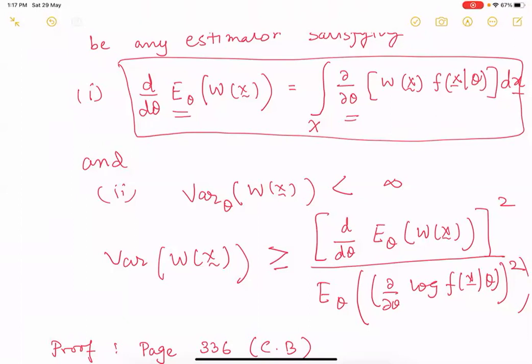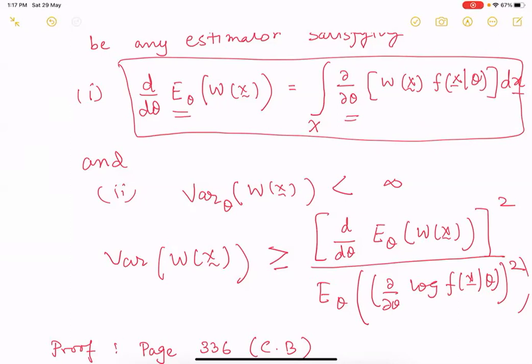But remember that differentiation has to hold. So the uniform theta 1, theta 2 example that you gave me, differentiation doesn't even hold there. So this result is not applicable in that kind of problem.